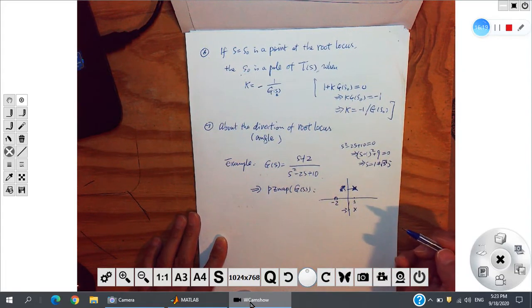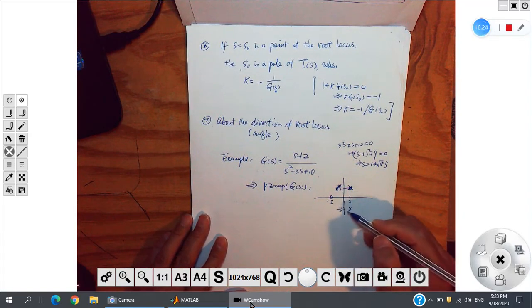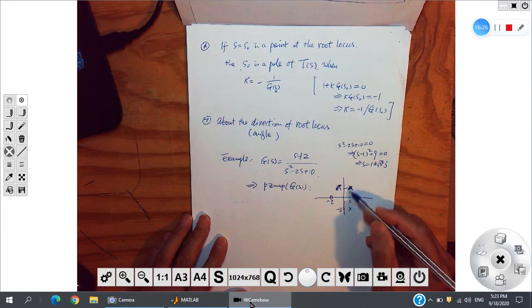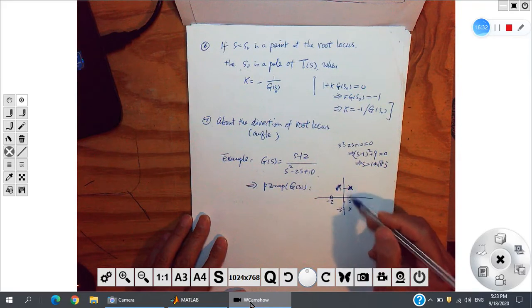Then we know how many branches of this root locus. We need to have 2 branches, because I have 2 poles, 1 zero, and the larger number is 2 poles.